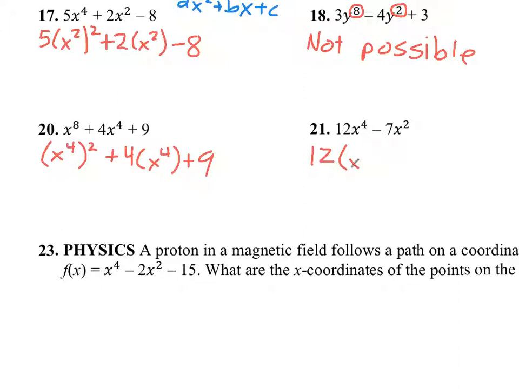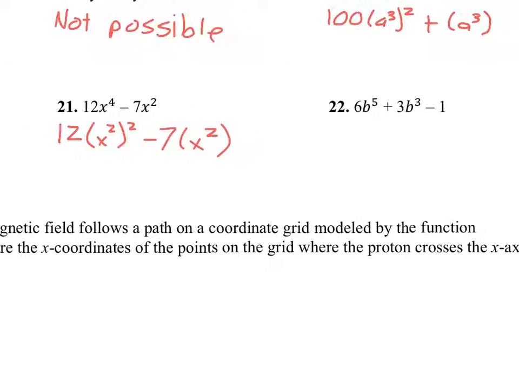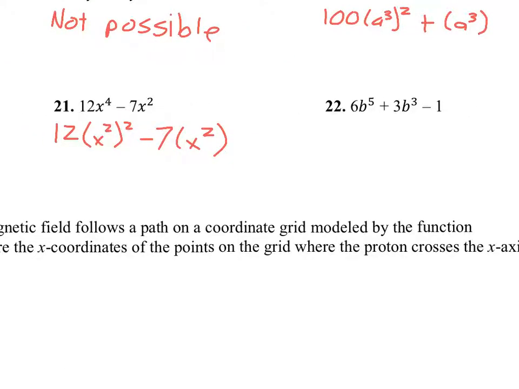And we want x to the 4th to turn into something in parentheses squared. And then you need the parentheses without the square. Okay, if you double 3, you don't get 5. So number 22 is not possible.